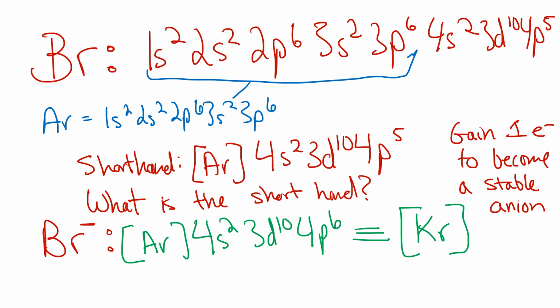So barium's shorthand is xenon. Strontium's shorthand is krypton, which actually means that the bromide anion and the strontium cation have the same valence shell.